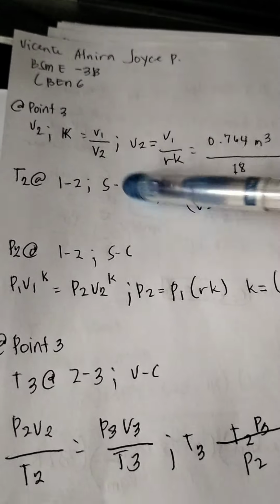T3 is equals to 950.105 K. Sa point 4, T4, P4 is equals to P3. P3V3 over T3 is equals to P4V4 over T4, V4 over V3 is equals to T4 over T3.